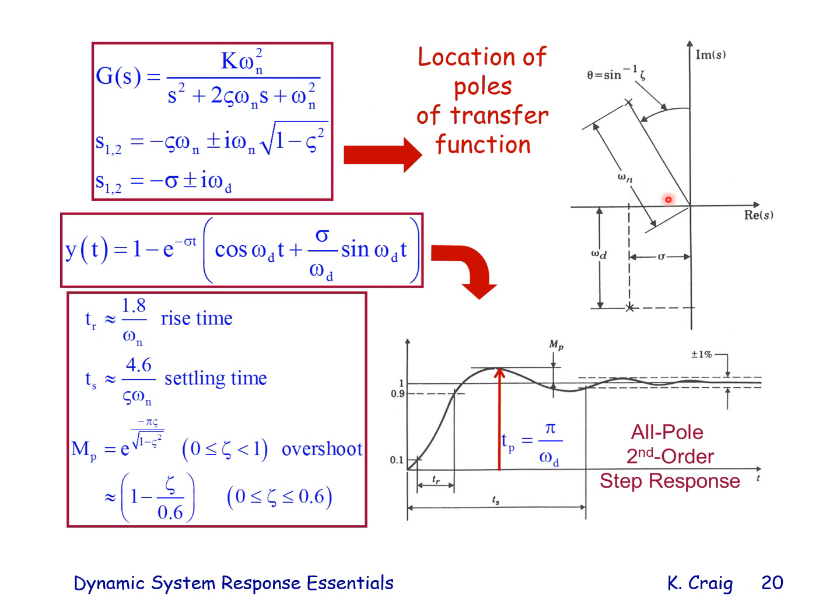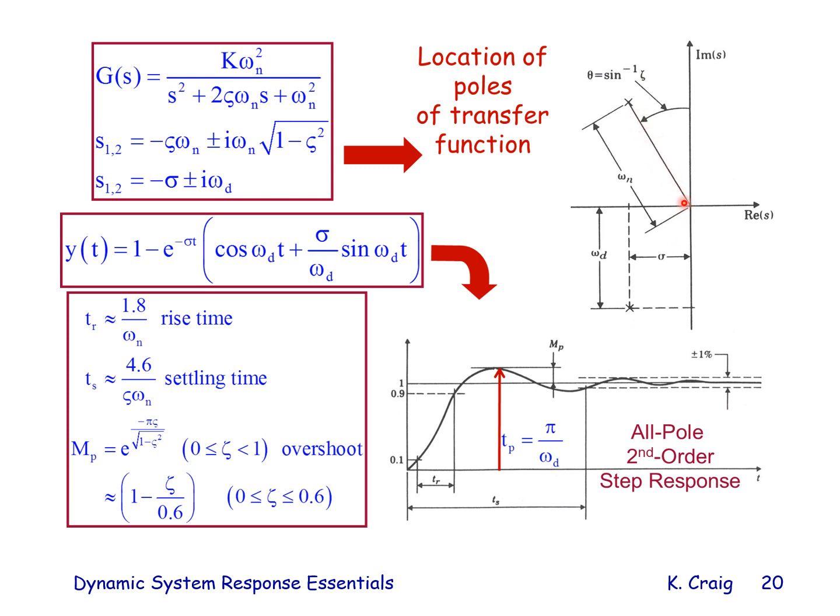They can either be real or imaginary or complex conjugates. If we assume they are complex conjugates, we have one above the real axis and one below the real axis, complex conjugates. And the roots can be located by using a polar coordinate representation.